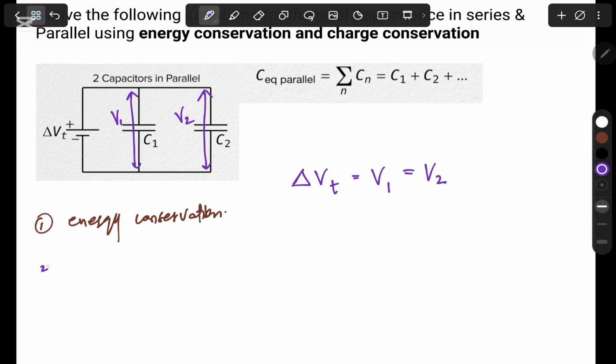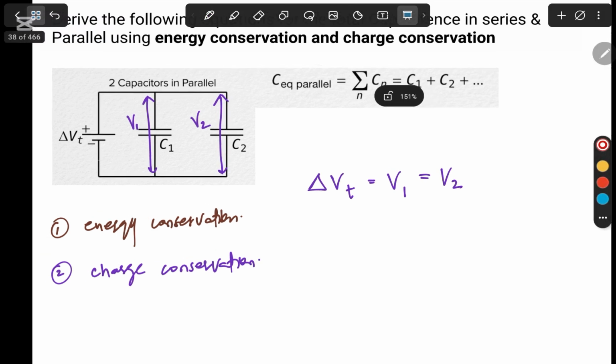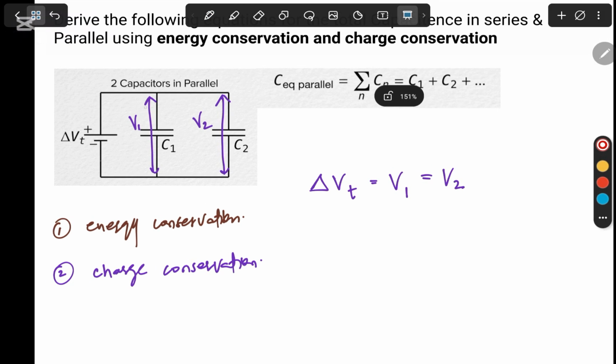Now let's look at the second one, which is charge conservation. This is kind of similar to the current. The current will split and then join together. So the charge will split between both of these capacitors, just how the current used to split.